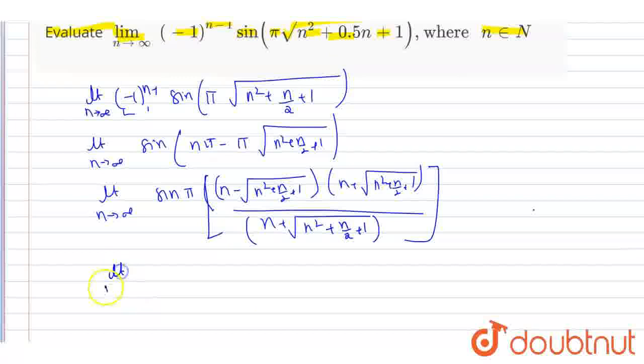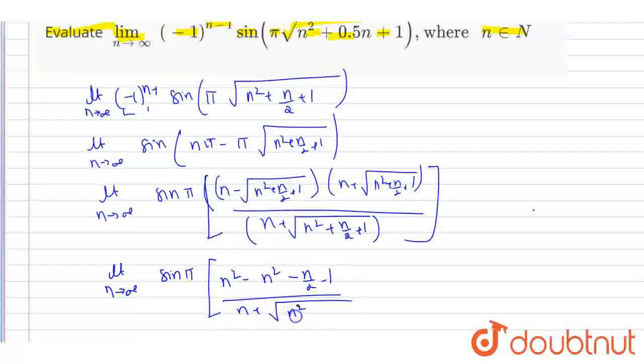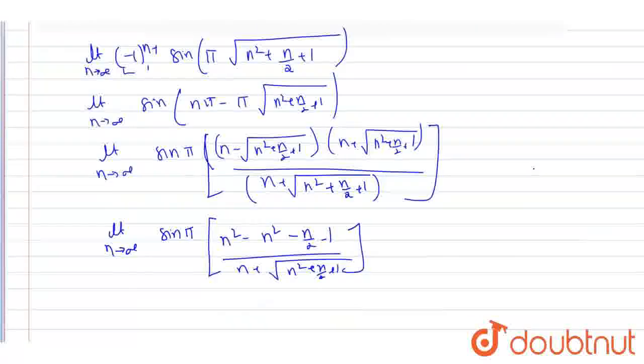We have the limit as n tends to infinity of sin pi times a plus b into a minus b, whole square. So we have n square minus (n square plus n by 2 plus 1) upon n plus under root n square plus n by 2 plus 1.